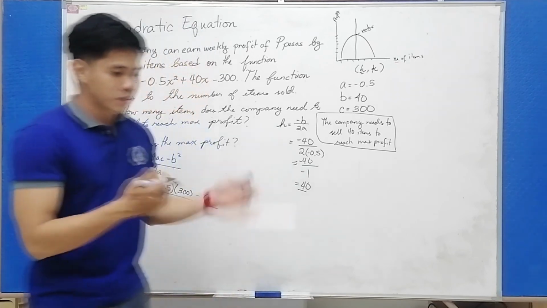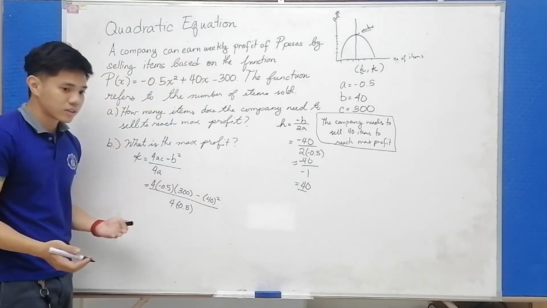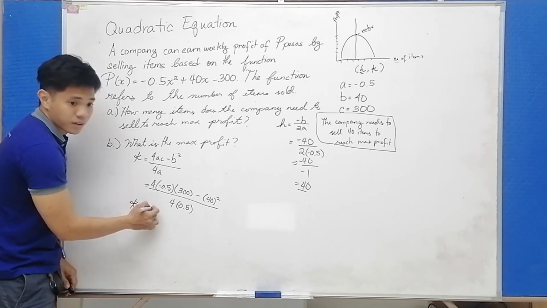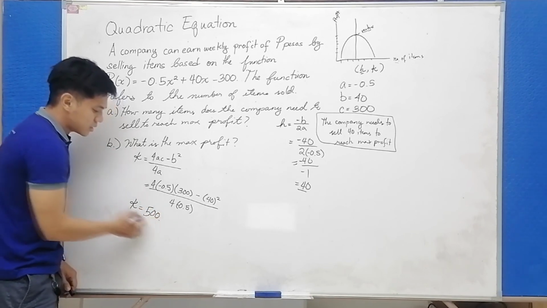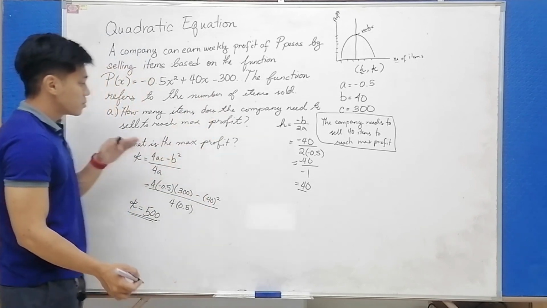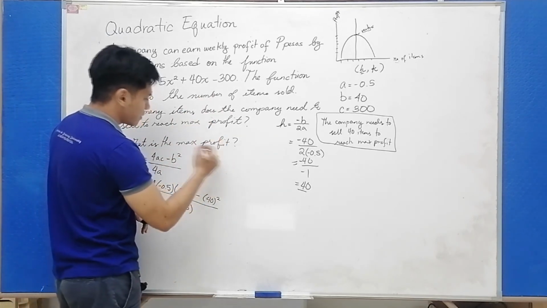Solving this equation with our calculators, at the end we are going to have k is equal to 500. So this is now our maximum profit. We have a profit of 500 pesos.